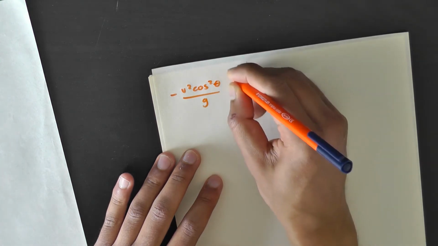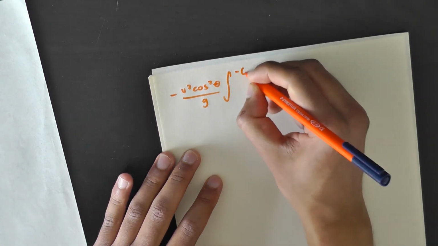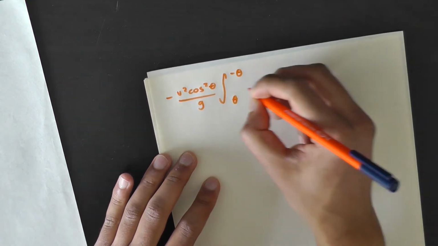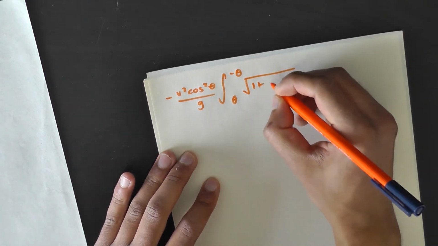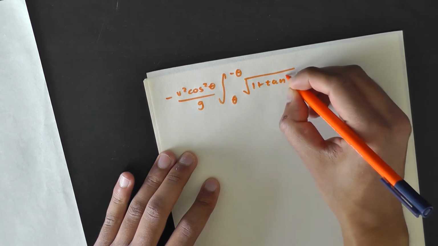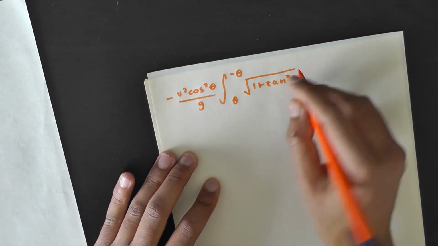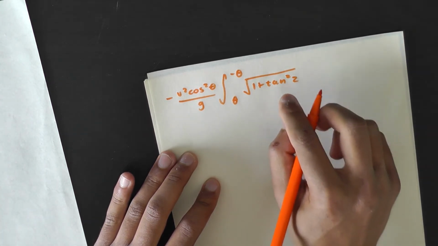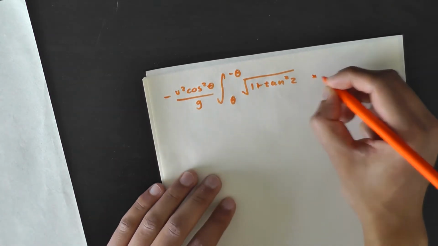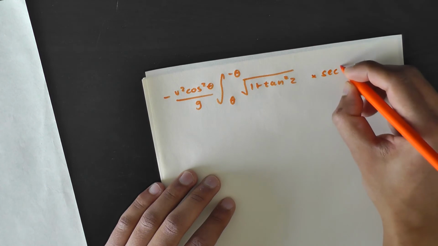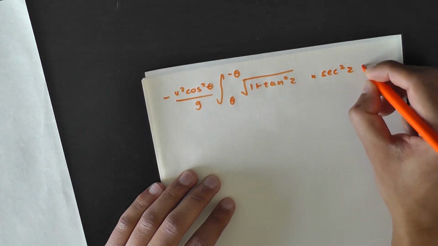Alright, so now this is what our integral looks like. Still got this constant outside of the integral. We've got minus theta here, and theta here. Then we've got 1 plus tan squared z, because this is u squared, so u equals tan z, square it, you get 1 plus tan squared z, times sec squared z dz.